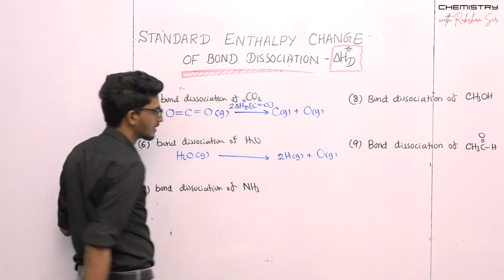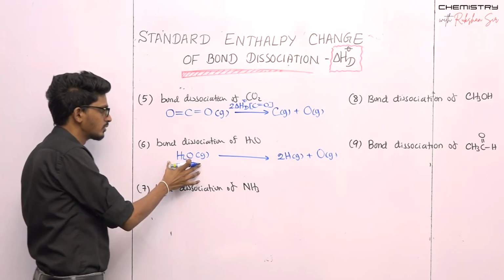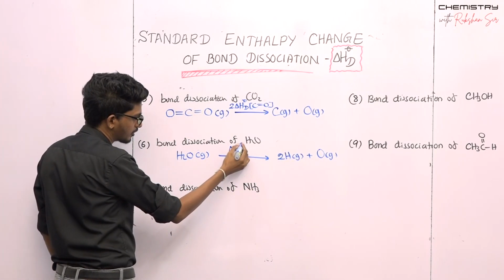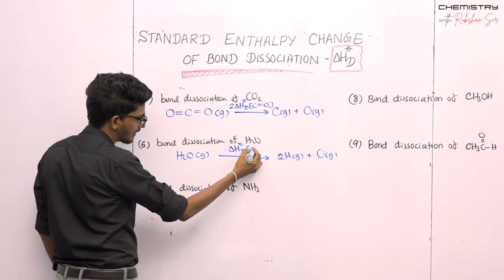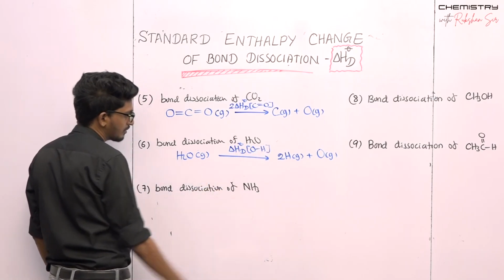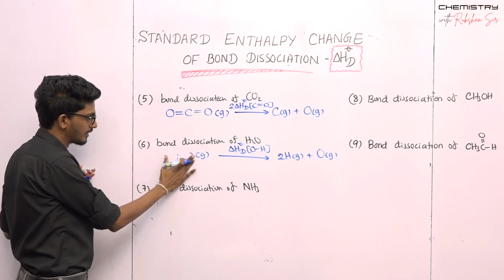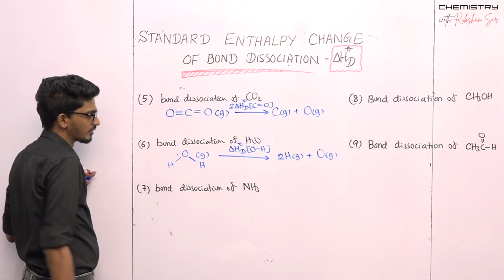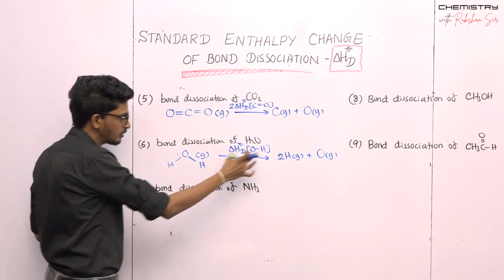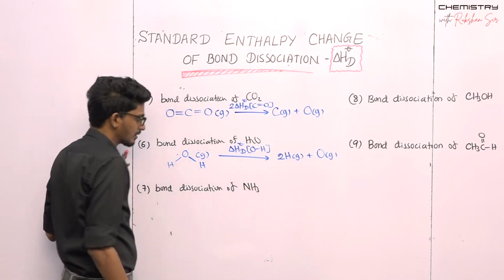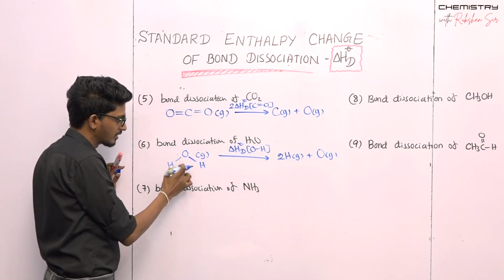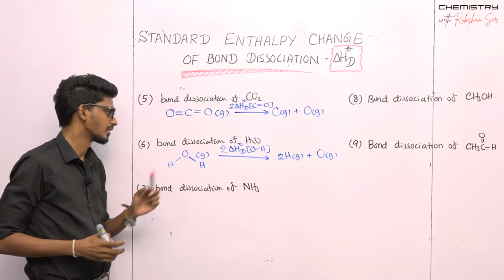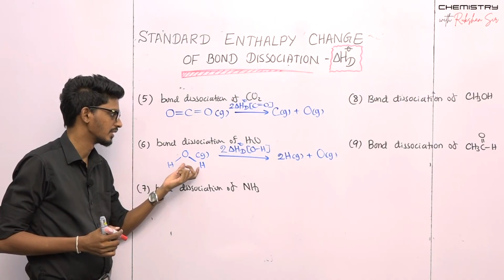To convert this into the monoatomic gaseous form, how many OH bonds should be broken? With H2O you have 2 OH bonds. To totally convert this into 2 hydrogen atoms and 1 oxygen atom, you need to break 2 OH bonds, right? Knowing the structure is very important when applying the D values, right?